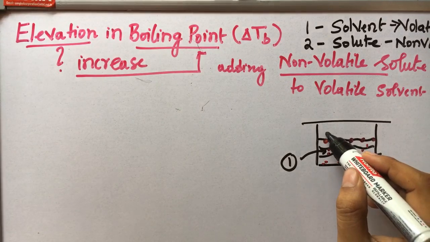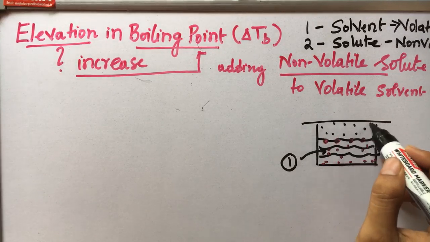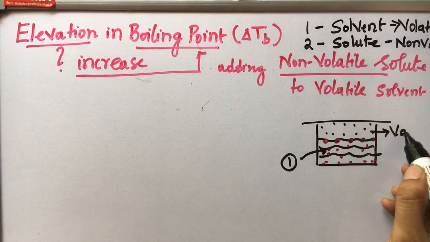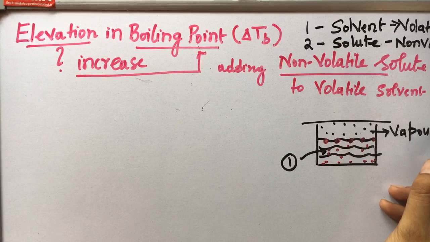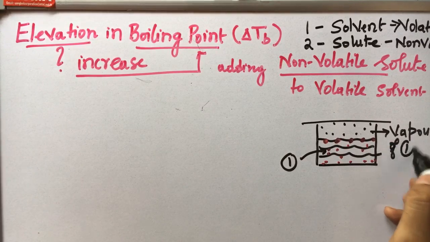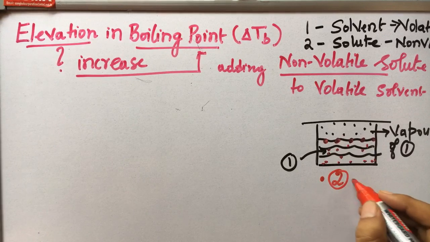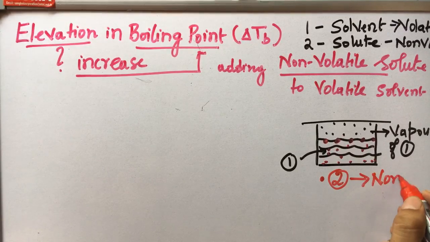So therefore, let me say that these black dots are the vapors of component 1. Because of adding non-volatile electrolyte 2, this red dot corresponds to component 2, which is non-volatile and will not evaporate.